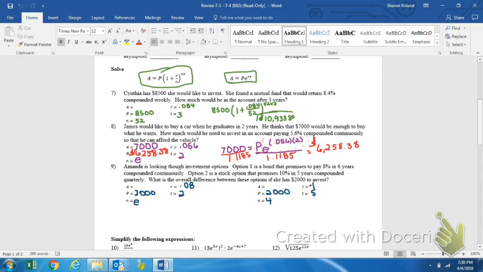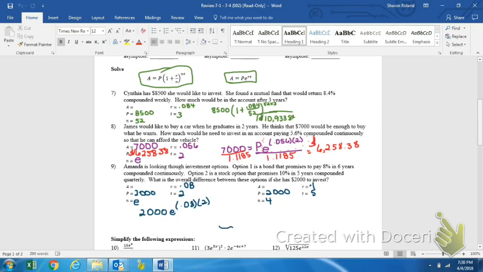Because it's E, you would put in 2,000 E to the exponent, and the exponent would be R times T, so that would be 0.08 times 2.